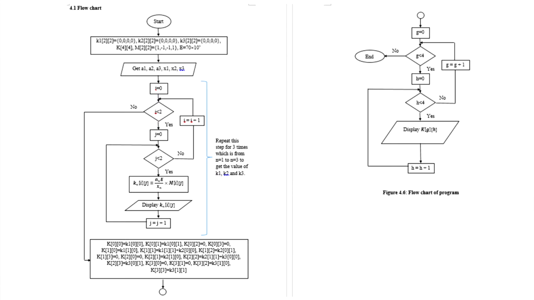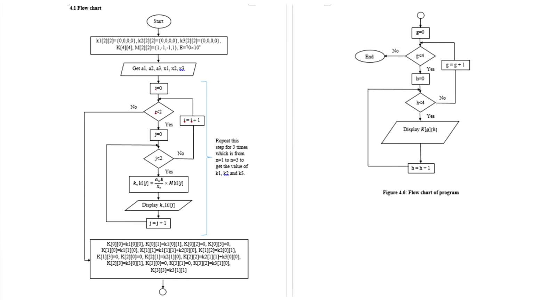If the value meets the condition i is smaller than 2, it will go to j equal to 0. After j equal to 0, then the condition j is smaller than 2.